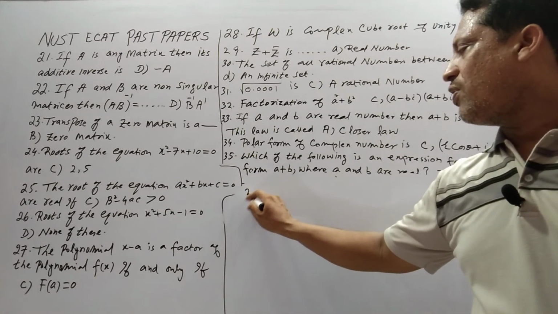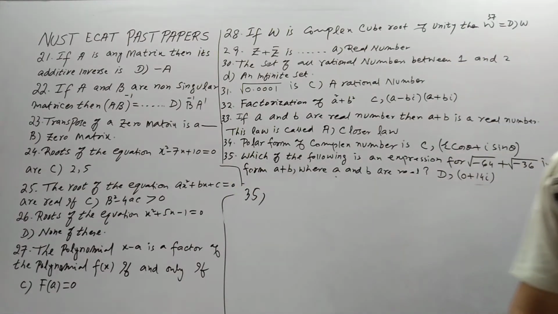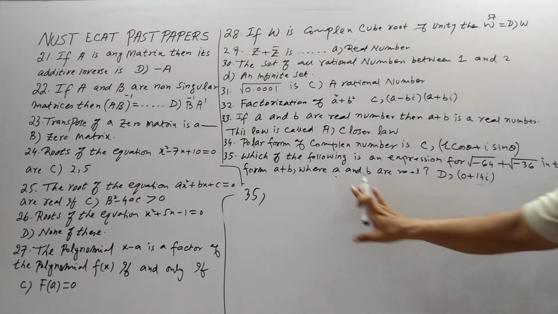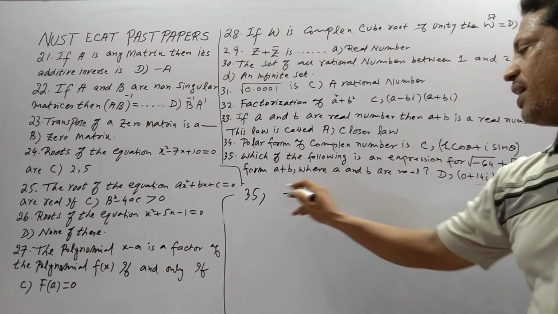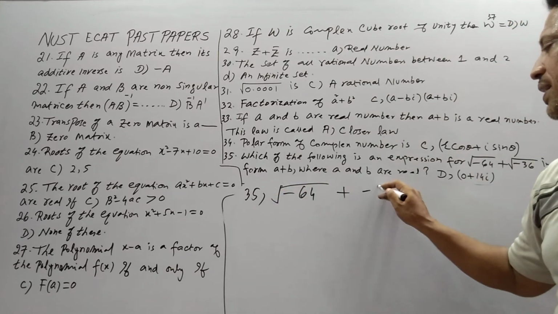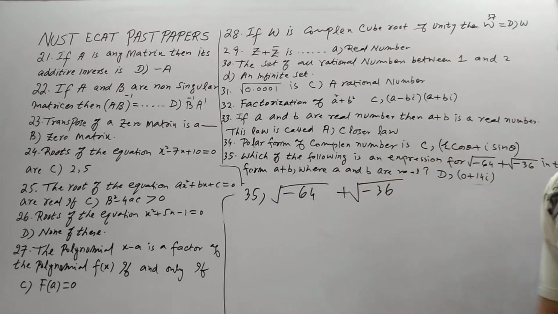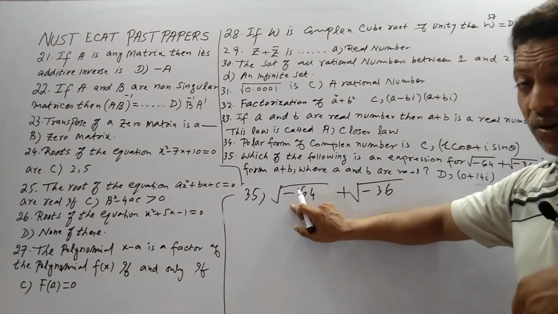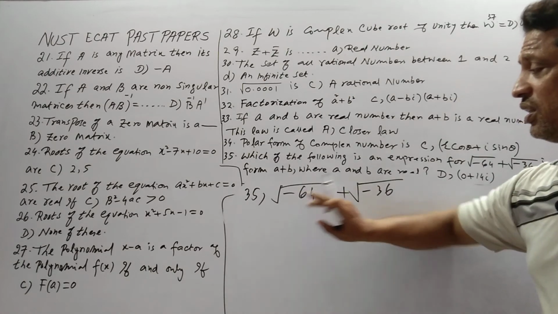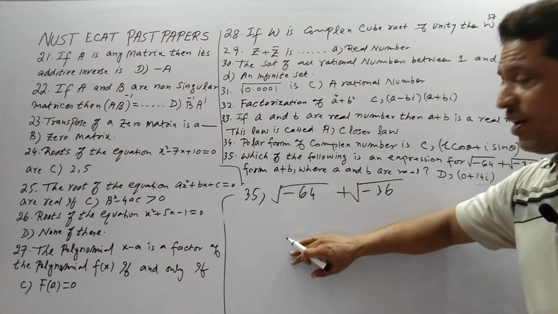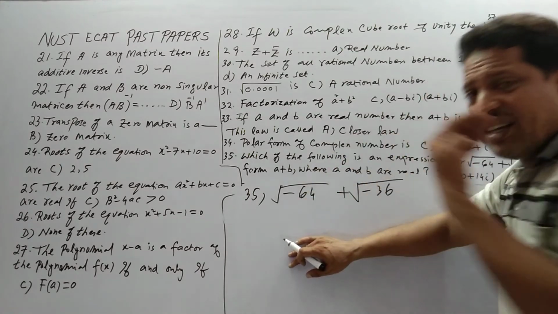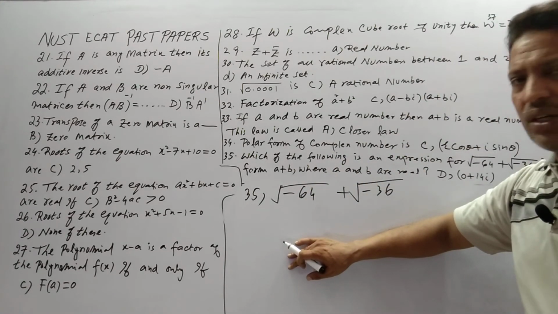The last MCQ of today's class, 35. Which of the following is an expression for root of minus 64 plus root of minus 36? If you see the negative sign under the square root, we have to take this sign outside the root.